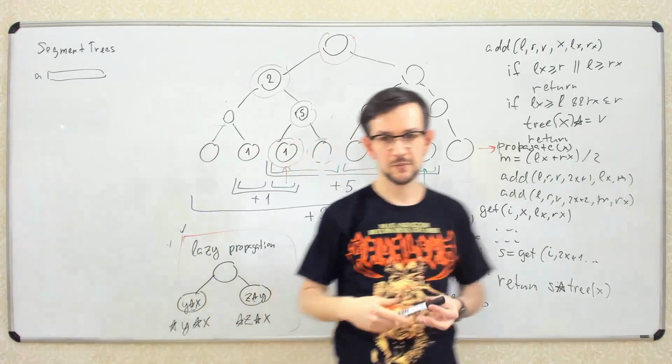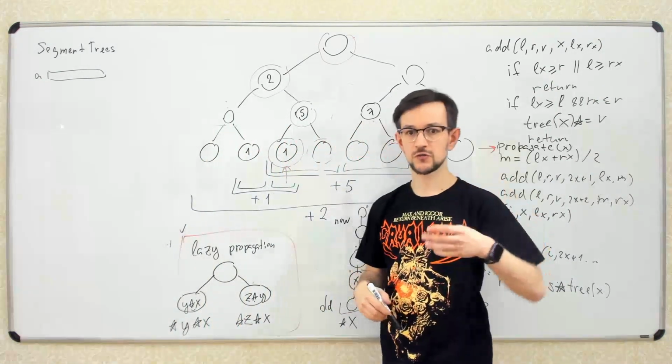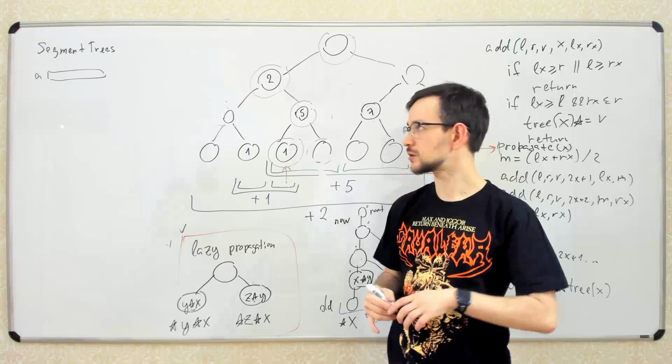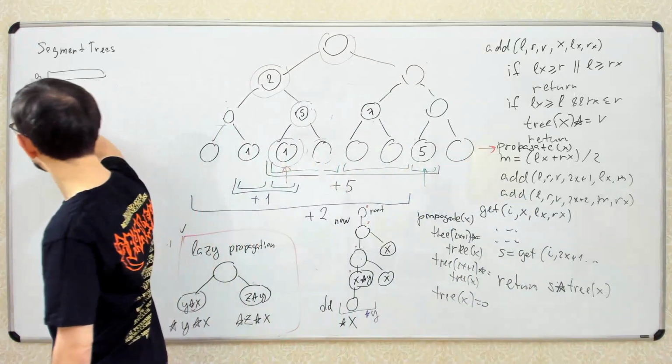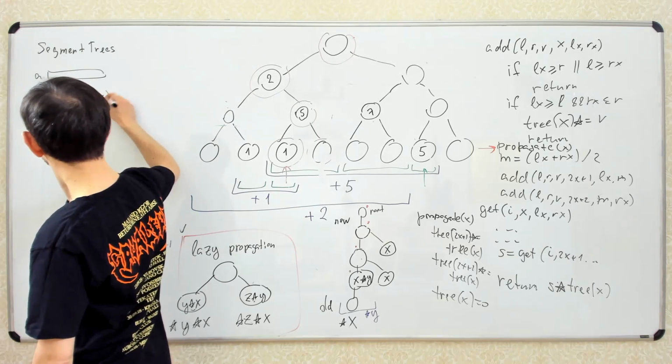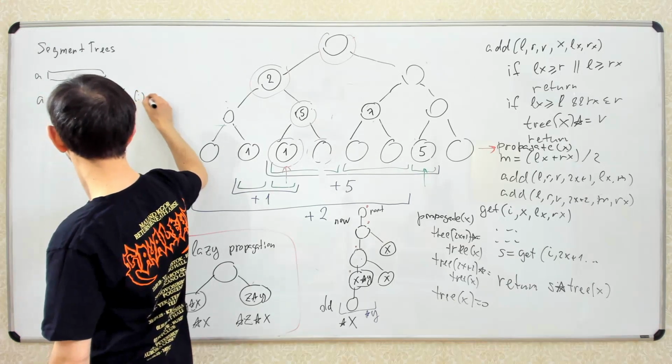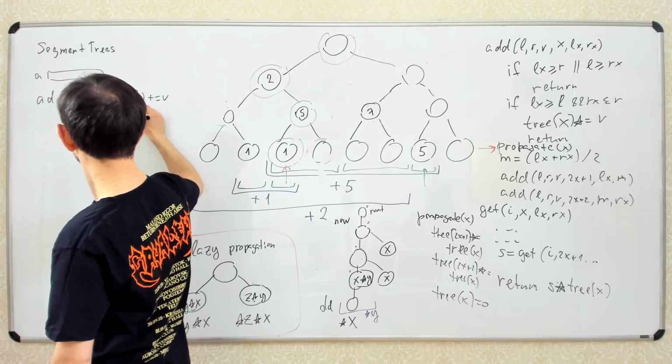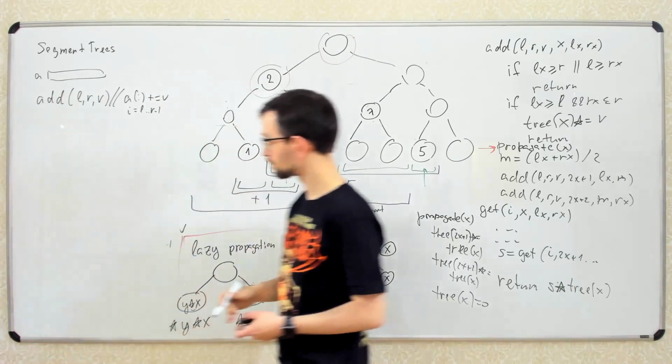For example, let's make a data structure which has two operations. The first operation is to change the segment, let's have add: we'll add value V from L to R, so it will add value V to all elements from L to R minus 1.